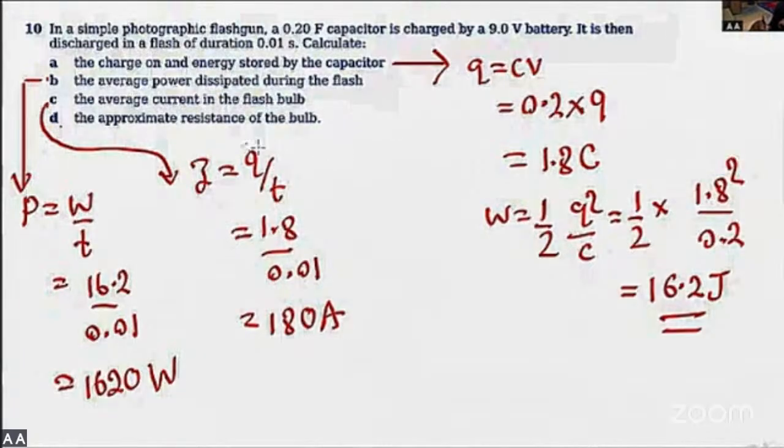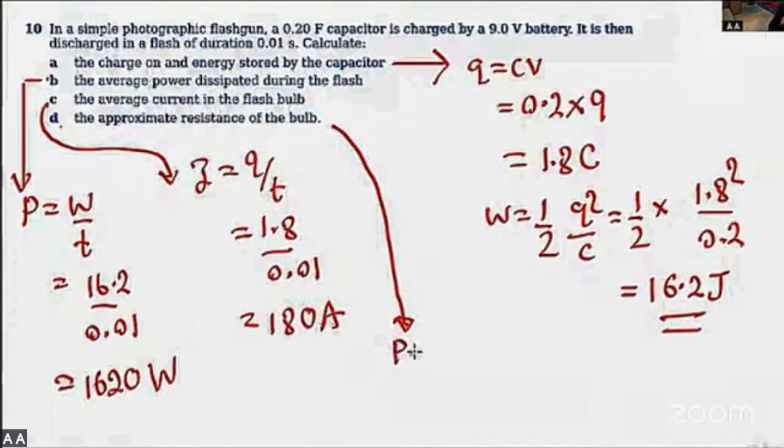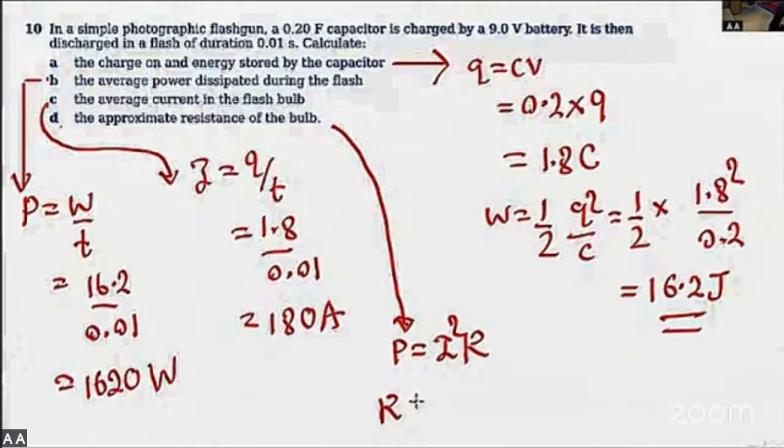Next, the approximate resistance of the bulb. To find the resistance, we can use P equals I squared R. Then R equals P over I squared.